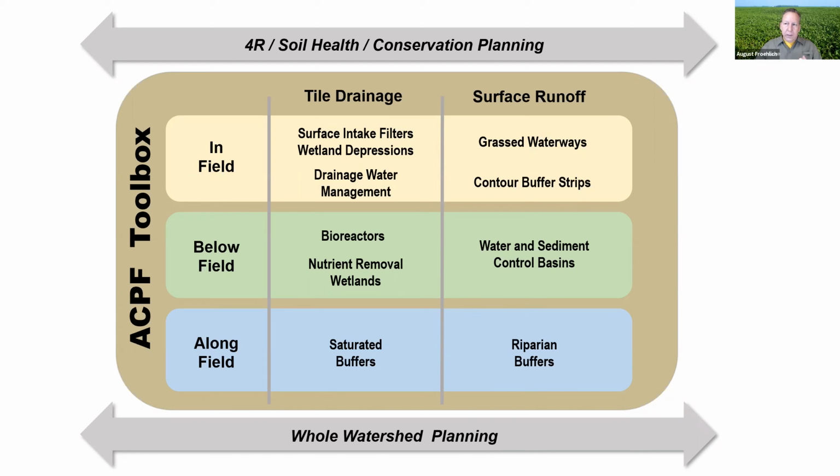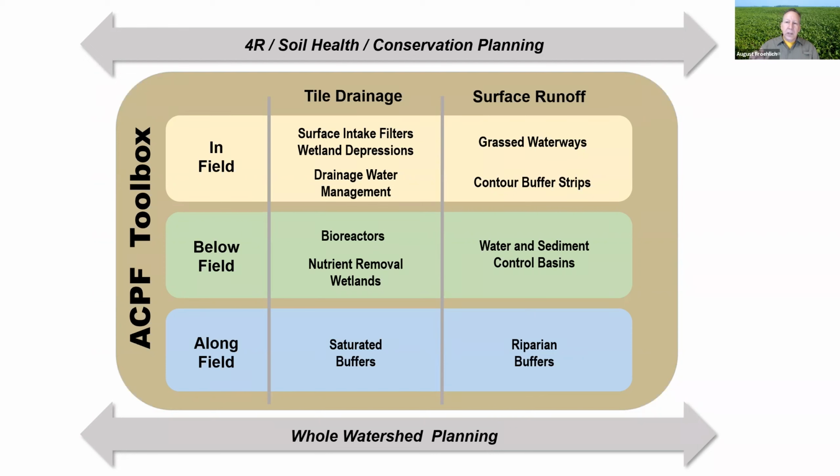In ACPF, we've used the 12-digit HUC unit as the planning framework. So all of the ACPF runs that we have done and are being done are at the HUC 12 scale.